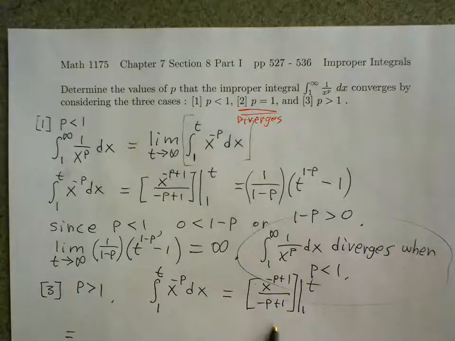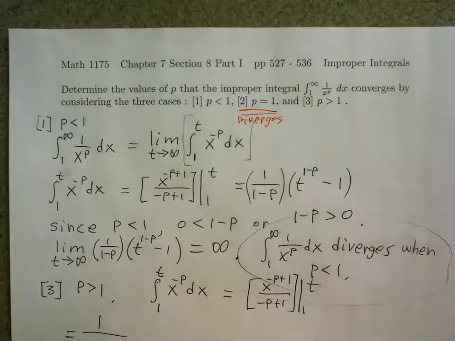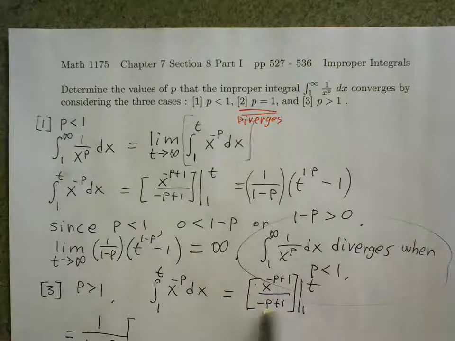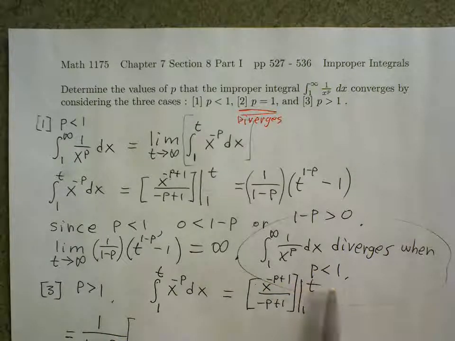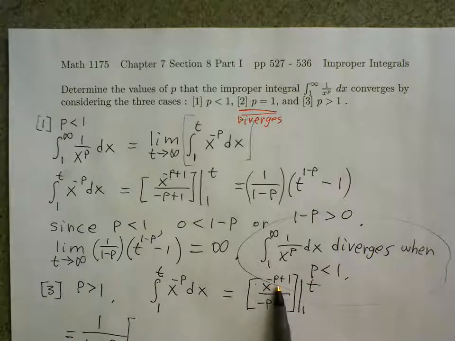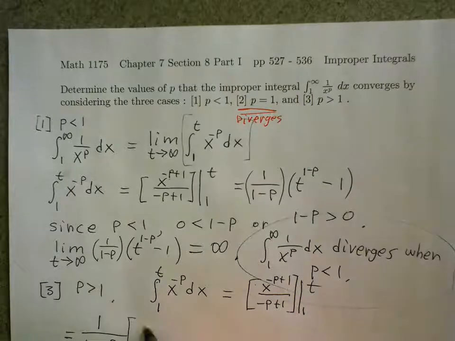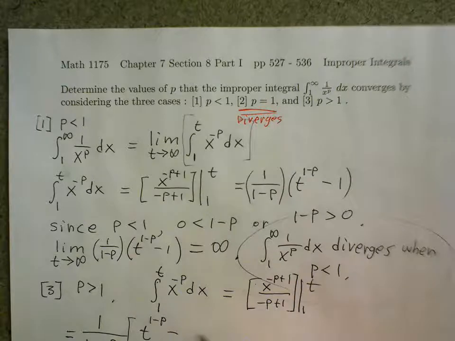So just like we did before, 1 over negative p plus 1 is the same as 1 over 1 minus p. And we'll evaluate x to the negative p plus 1 from 1 to t. So again, I'm going to rewrite the exponent negative p plus 1 as 1 minus p. So we'll get t to the 1 minus p minus 1.